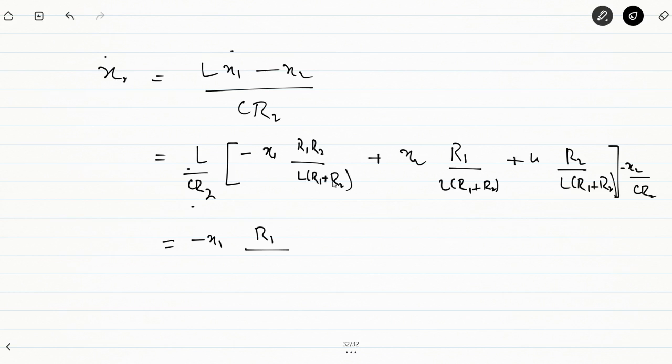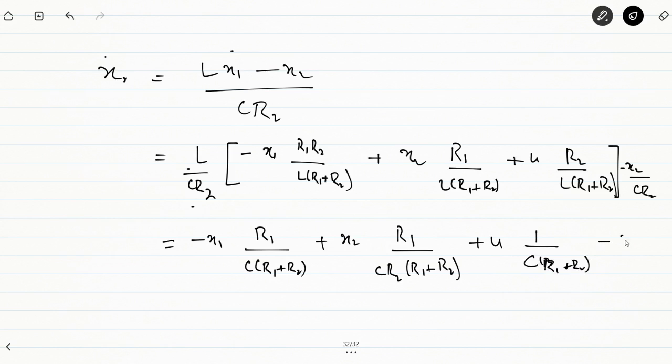L by CR2 into R1 by R2 L R1 plus R2, L और L cancel, R2 cancel, R1 by C R1 plus R2, plus X2 R1 by CR2 R1 plus R2, L और L cancel, plus U, L और L cancel, R2 cancels out, 1 by C R1 plus R2, minus X2 by CR2.